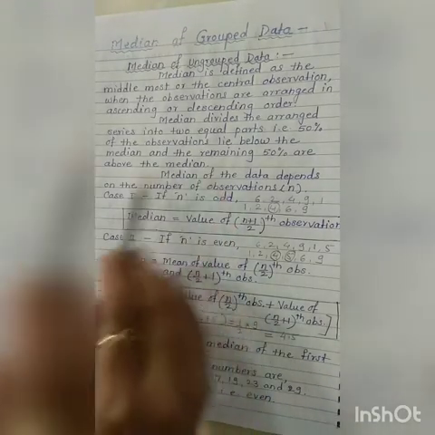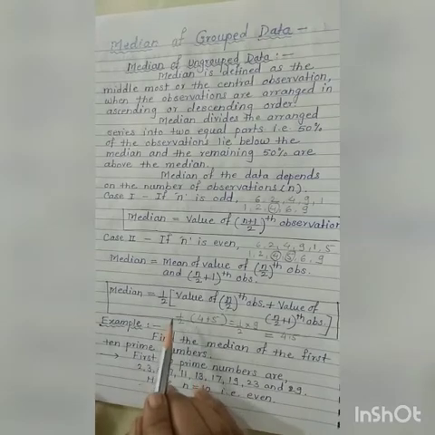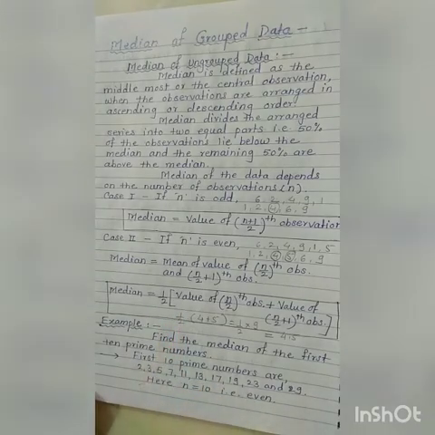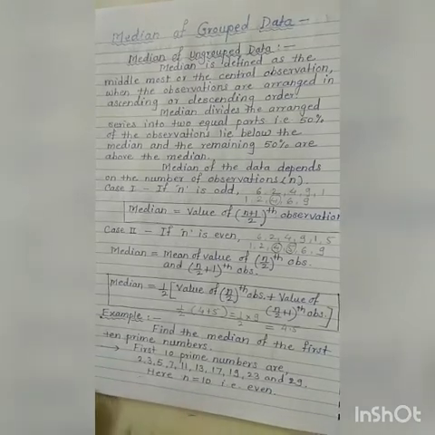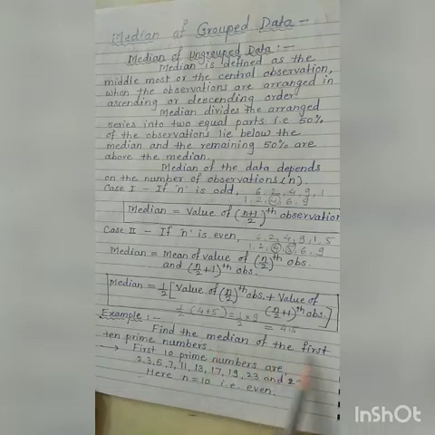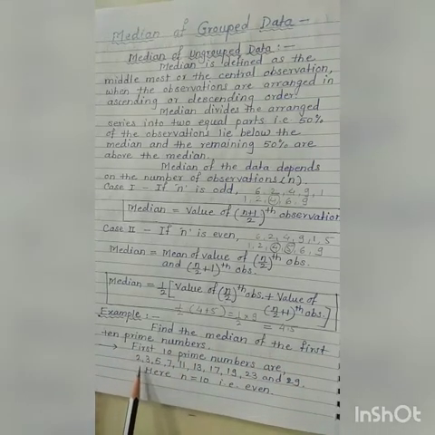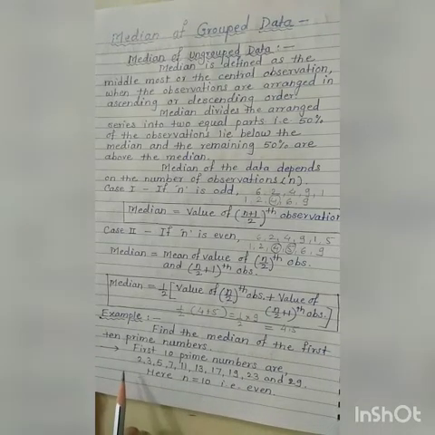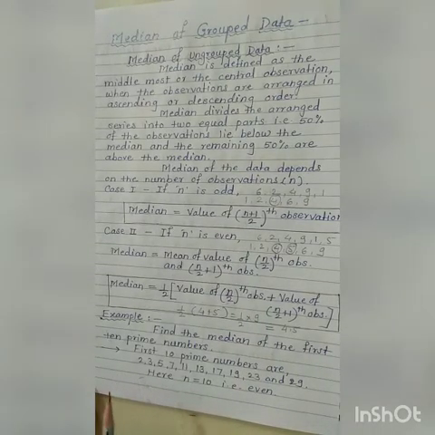So like this we can find the median of ungrouped data. Now let us take one example for this ungrouped data. Question is, find the median of the first 10 prime numbers. Now write down the first 10 prime numbers. We know that 1 is neither prime nor a composite number.